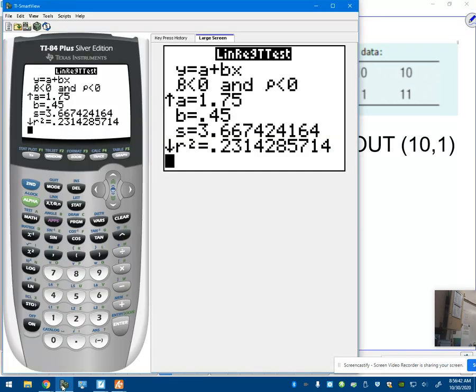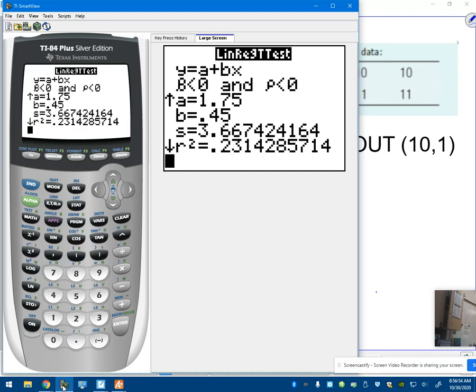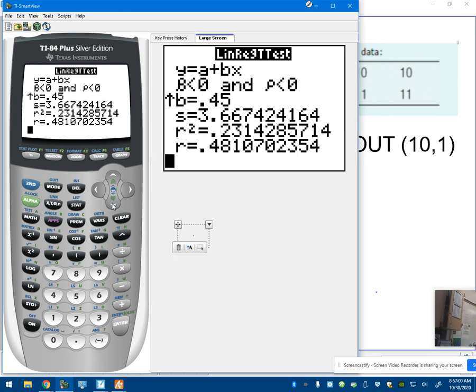B equals 0.45. S is 3.67. R squared is 0.23, and R is 0.48.